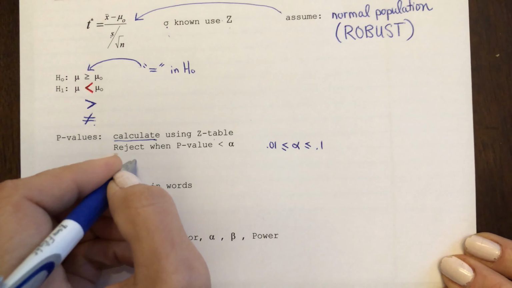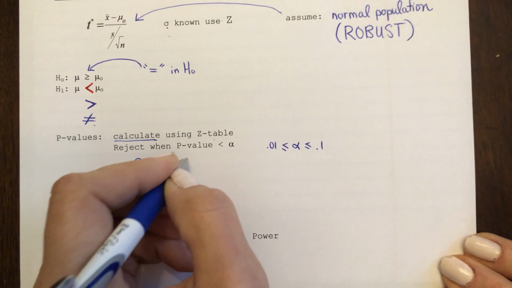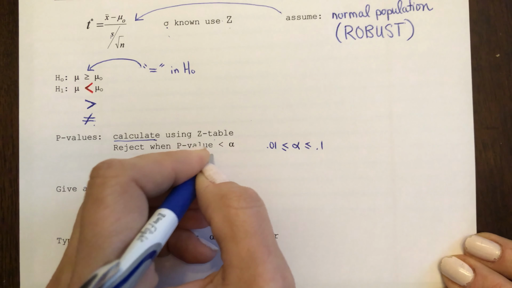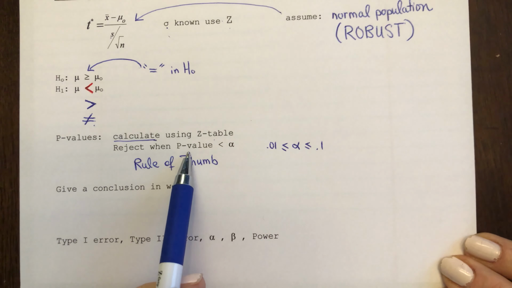You should know that rule of thumb when you don't have an alpha, okay? So make sure you know the rule of thumb. So again, the little saying I gave you in the notes is when the p-value is low, H naught must go, and so that helps you remember what to do with the p-values, okay?